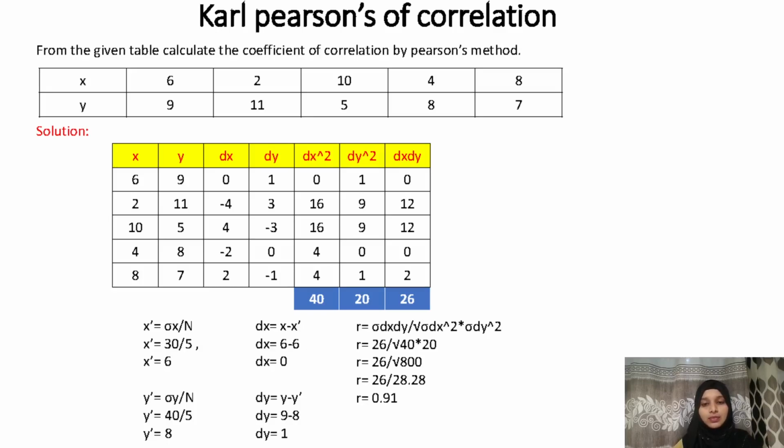We put them in the correlation formula: r is equal to 26 divided by under root 40 into 20, r is equal to 26 divided by under root 800. We calculate the square root of 800 and find 28.28. r is equal to 0.91. Here is the final answer. I think you can understand. Thank you.